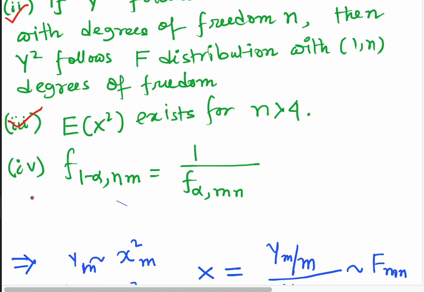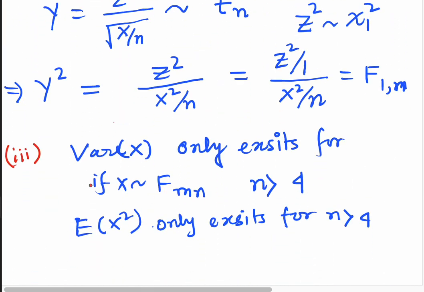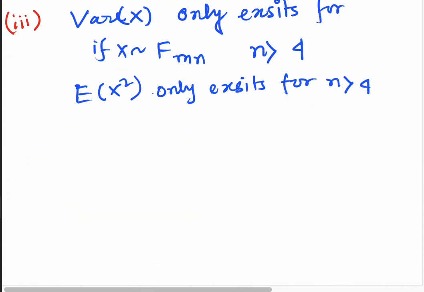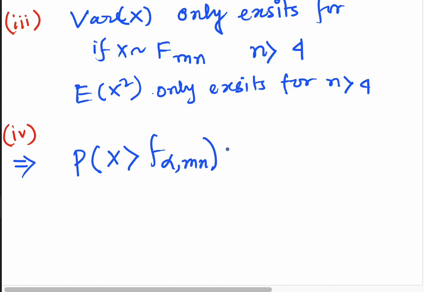Now let's check the fourth statement. In the fourth statement, the probability that x is greater than F alpha m n is alpha, right?